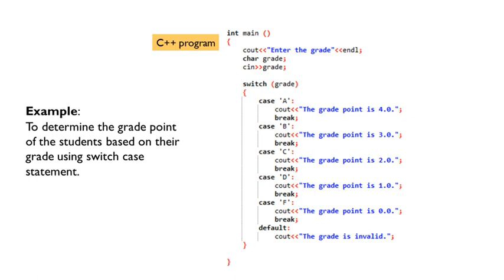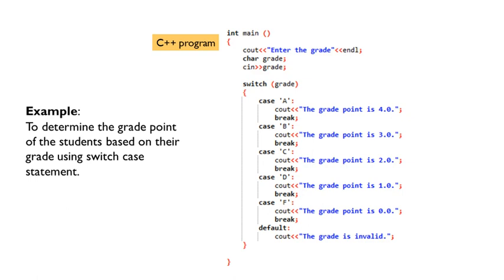Grade is the identifier for these cases. So if case A, which means the user enters the character A. You can see here that I already declared the grade using the char data type.